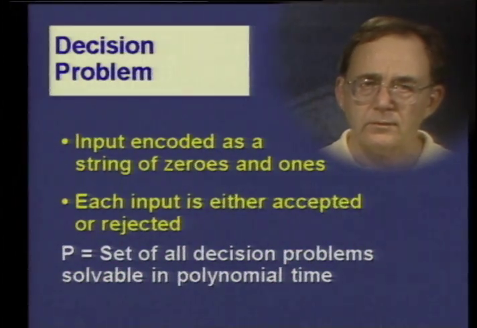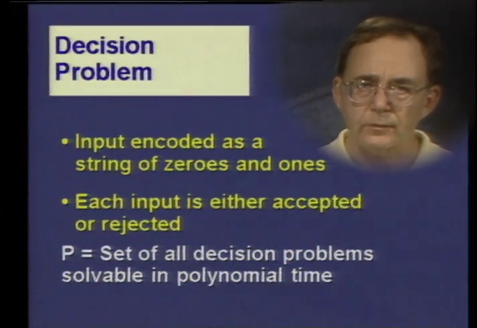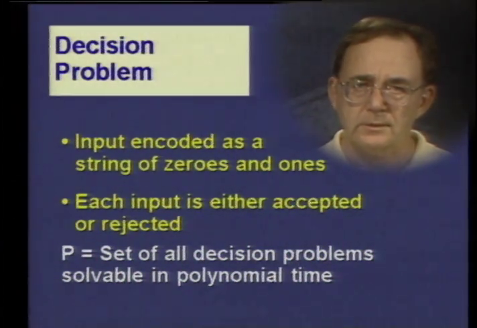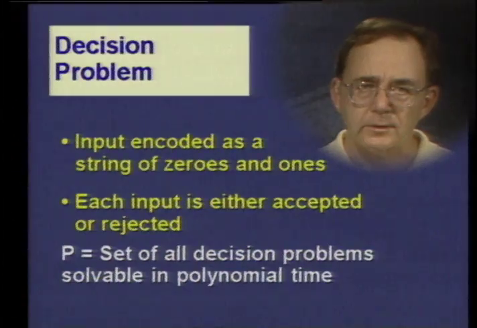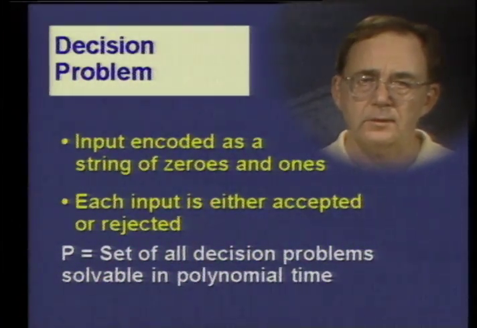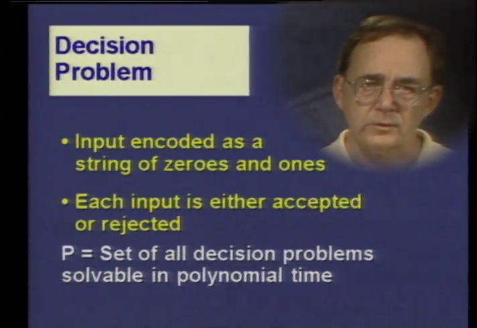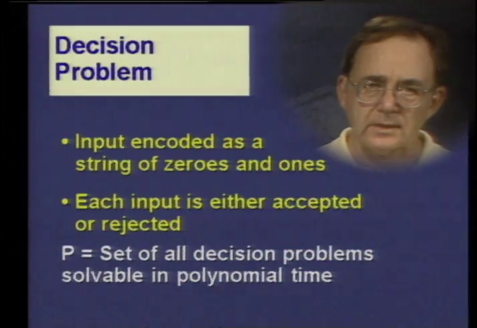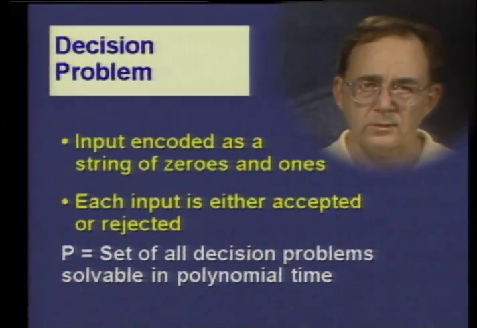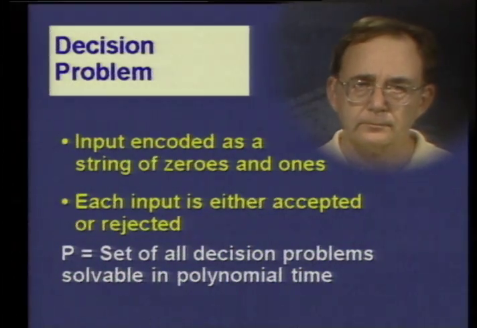And so we adopt the convention that as a common format, we take the input to a problem to be a string of zeros and ones. And furthermore, we assume that any string of zeros and ones is a possible input, so there is no limit to the size of the input that might be presented to a problem. This also gives us a standard definition of size, because the size of the input is merely the length of the string of zeros and ones needed to encode it.